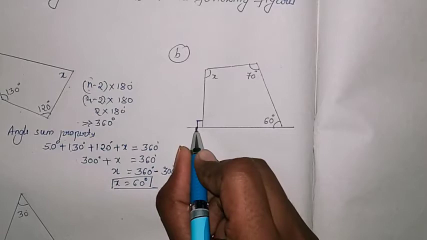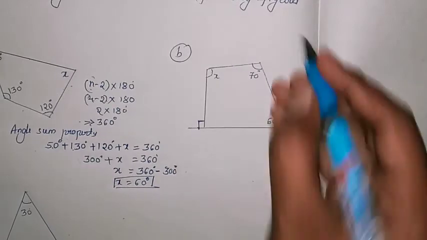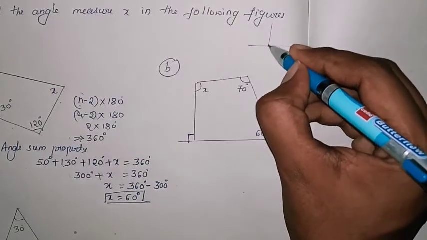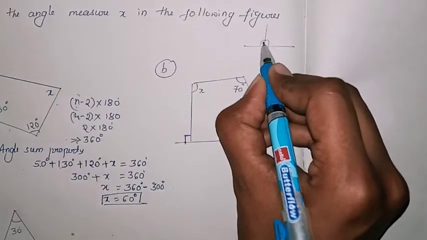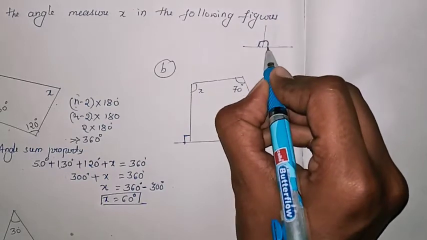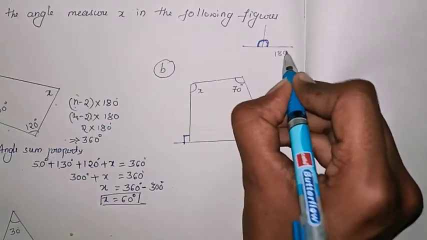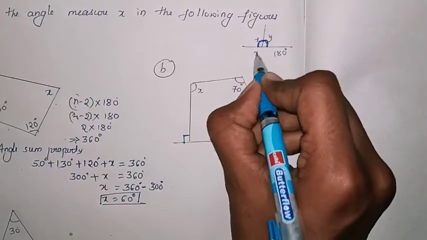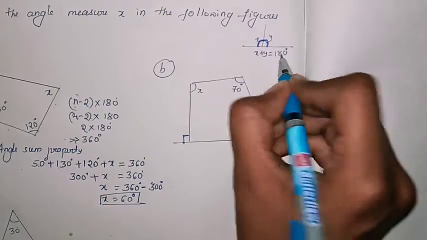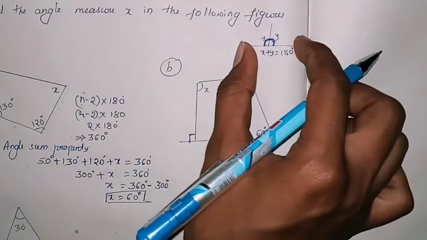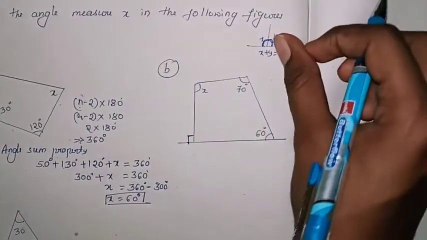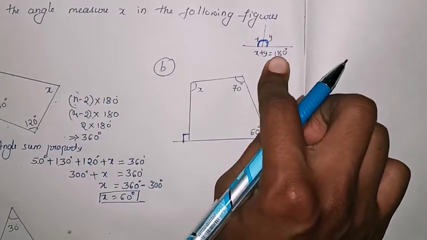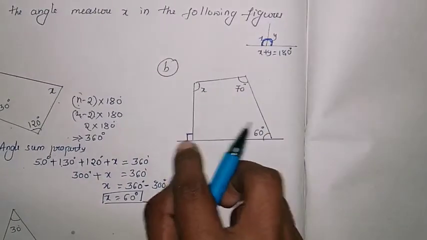In any straight line, if it is divided by another line, two angles are formed, and the sum of the two angles is always equal to 180 degrees. For example, consider this one as x and this one as y. x plus y is equal to 180 degrees. Always in a straight line, the sum of all angles is equal to 180 degrees. Okay, so here you can observe it is a straight line.